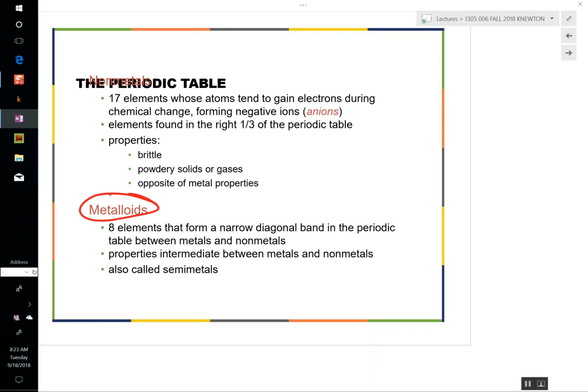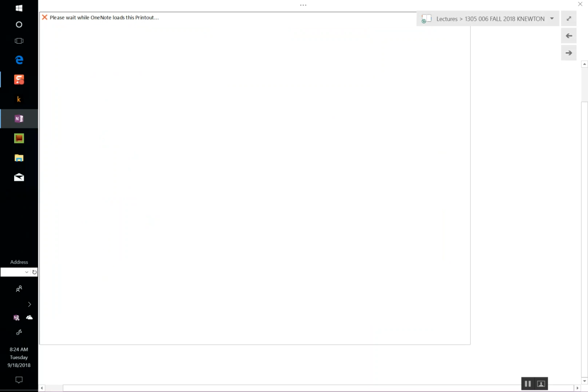If boron reacts with cesium, it acts like a nonmetal. It's not going to lose an electron to cesium. Cesium is going to lose the electron to boron if you put those two elements together. So that's what we mean by a metalloid. It depends on what they react with, how they behave.